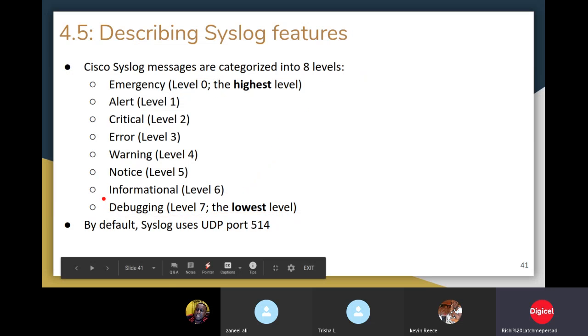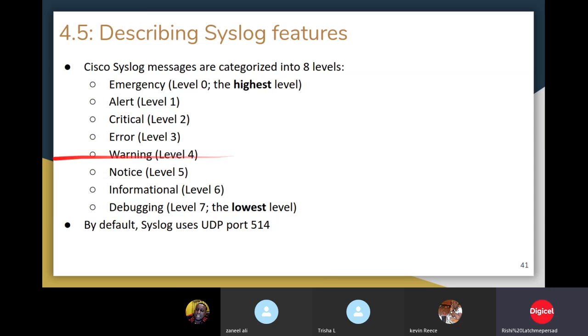So basically, if you configure SYSLOG for level 4, it's going to send you warnings and everything higher. So think of the arrow going up here. It will send you messages that are categorized as warnings, errors, criticals, alerts, or emergencies, not anything below what you configure. So when you configure level 2, you get level 2 and higher.